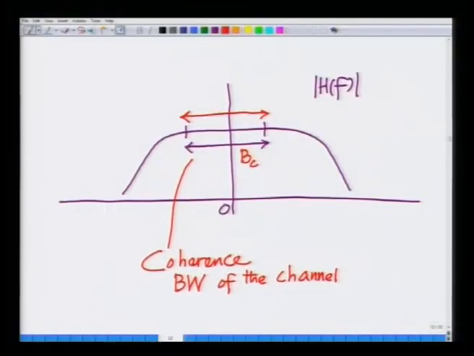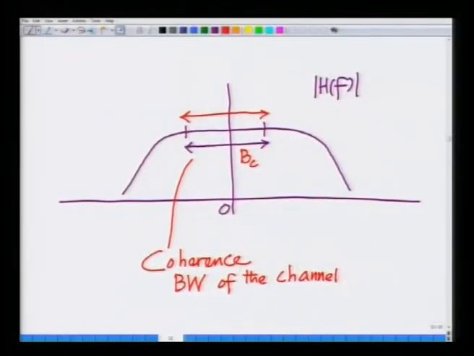So, what have we done so far? We have taken a channel that is given as a function of the delay. We have computed the Fourier transform of the channel delay profile. We said that it looks approximately like this, that it has a low pass characteristic. It is constant over some frequency bandwidth, and then it starts falling. And this portion of the spectrum over which the response is approximately constant is known as the coherence bandwidth.